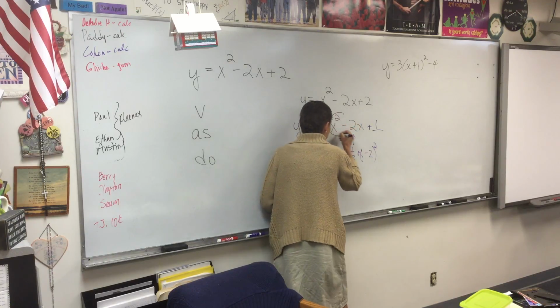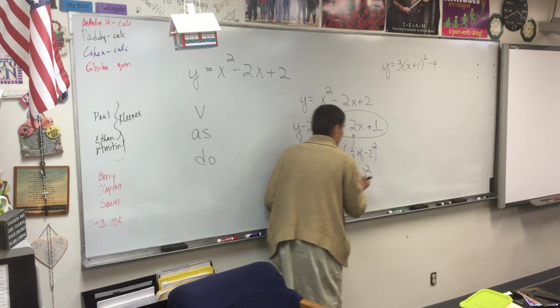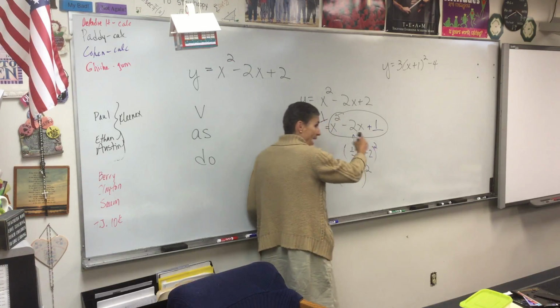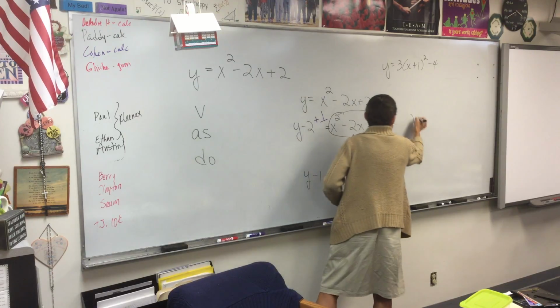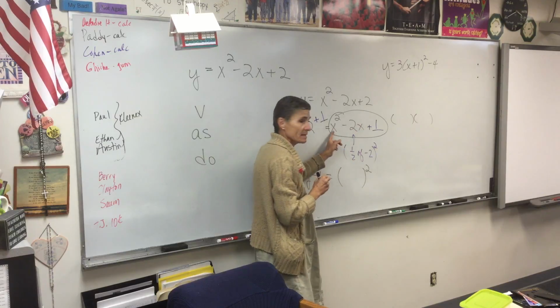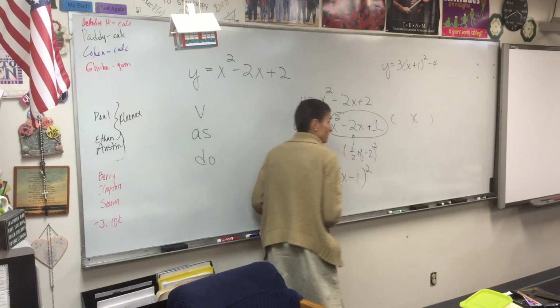And this side right here is a perfect square trinomial. If you factored that, both parentheses would be the same. What would the parentheses be if you factored that? x minus 1.